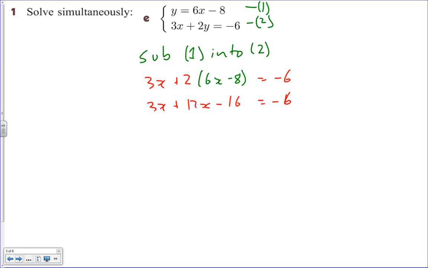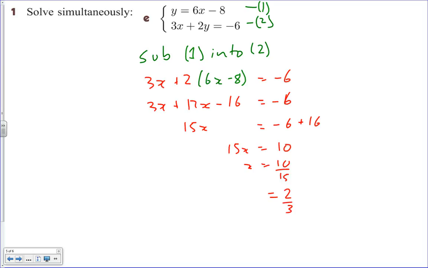So we've got 15x equals negative 6 plus 16. So 15x equals 10. So x equals 10 over 15. So 10 over 15 is 2/3.